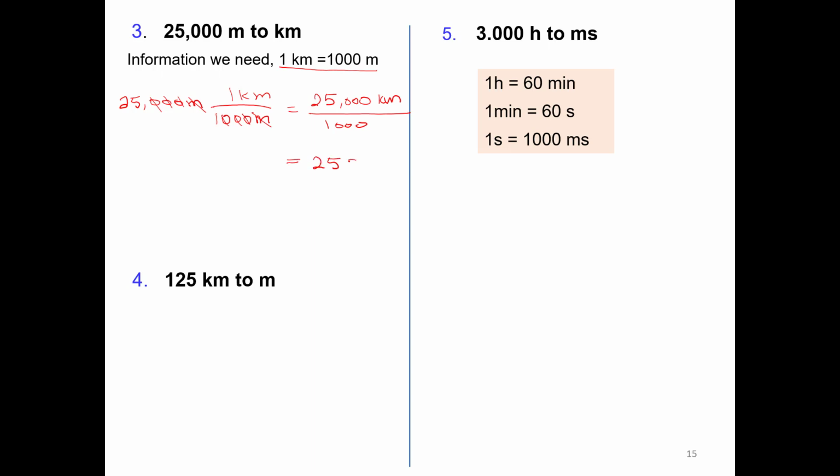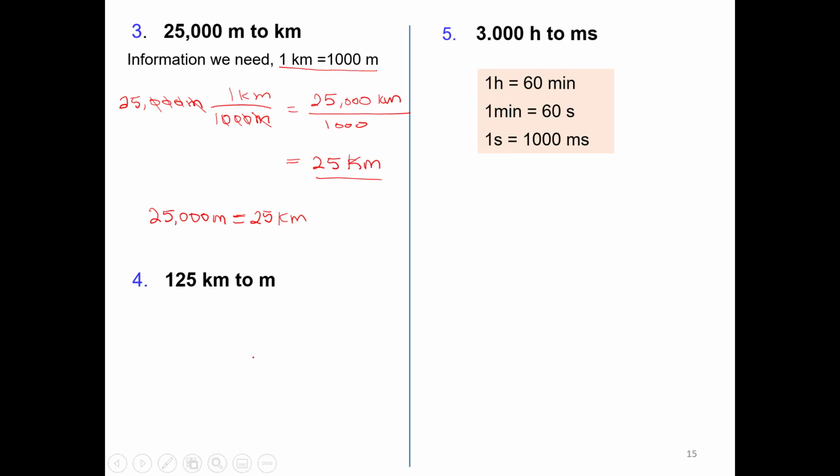It's 25. Then we can write that 25,000 meters equals 25 kilometers. And here we can see we had 2 significant digits. We don't count these zeros because here we don't have an explicit decimal point.